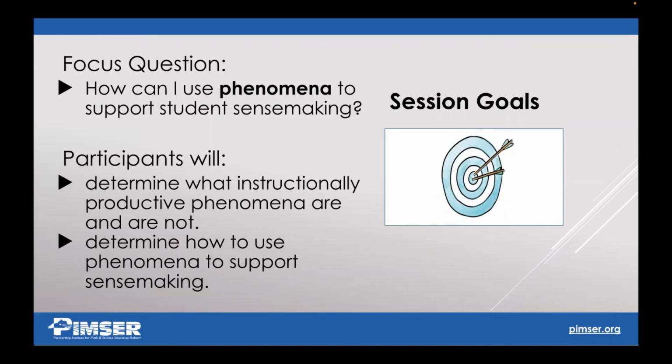It could be a phenomenon, but it just wouldn't lead the instruction where we want it to go. And then we also talked about what those weren't, because I think that's important to distinguish those. And then we looked at how we can use phenomena to support sense making and making students' thinking visible, and sequencing the instruction, and ensuring that we're developing understanding of those important science ideas that we've targeted, that it all goes hand in hand with each other.